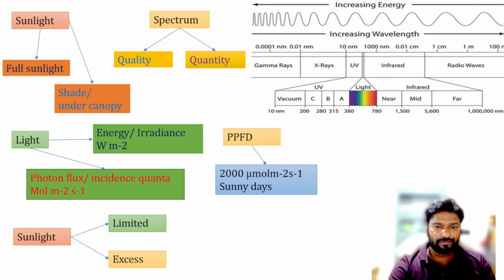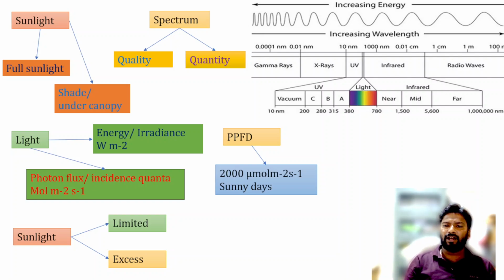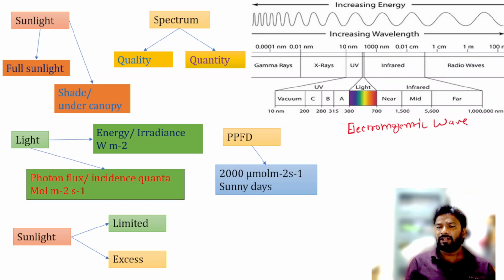Now come to the next point about the sunlight spectrum. So friends, you know very well about the sunlight spectrum that sunlight is electromagnetic waves. Okay, so sunlight works as both waves and photons.